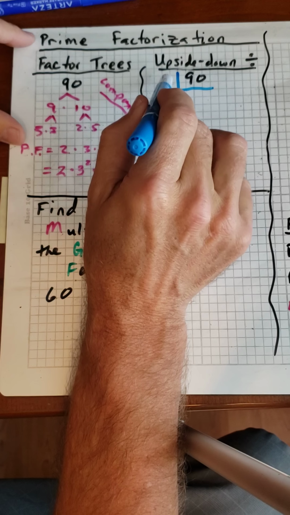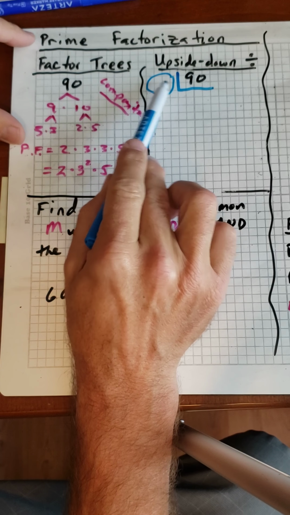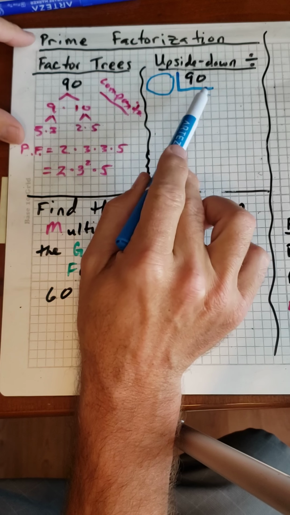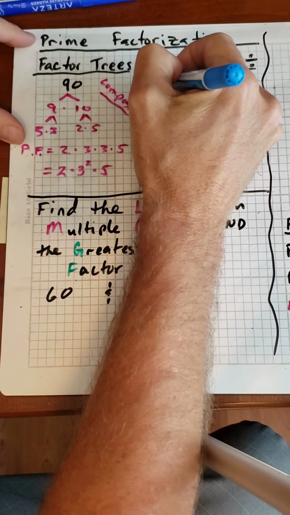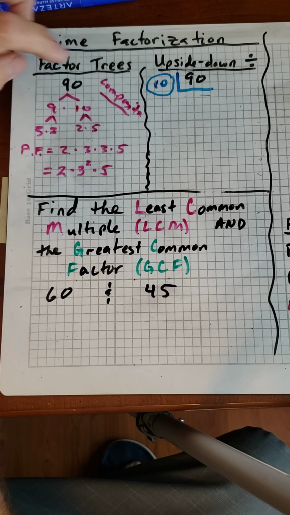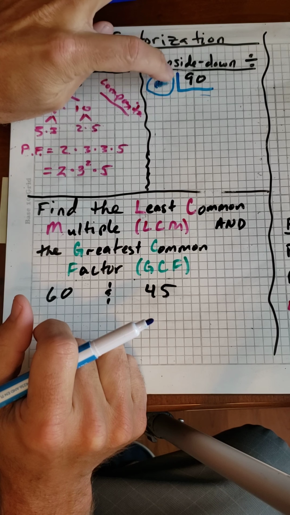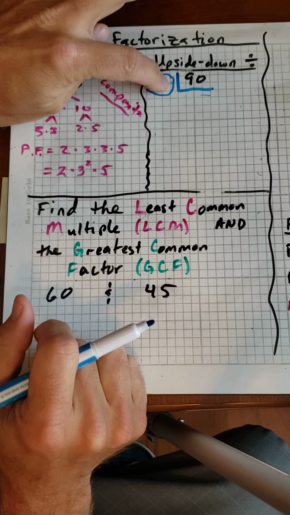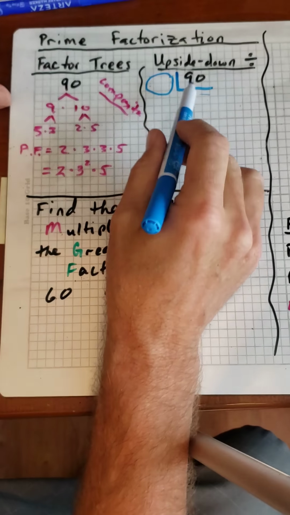So the only thing about this number out here is that the number you put on the wall of this little house thing has to be a prime number, meaning I can't put a 10 there because this number has to be prime. So what a lot of kids do is they start with the divisibility rules and they just go with the smallest number that they know goes into there.